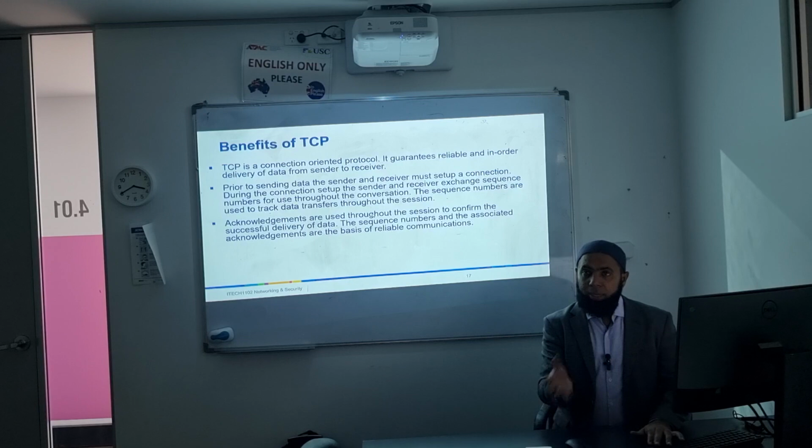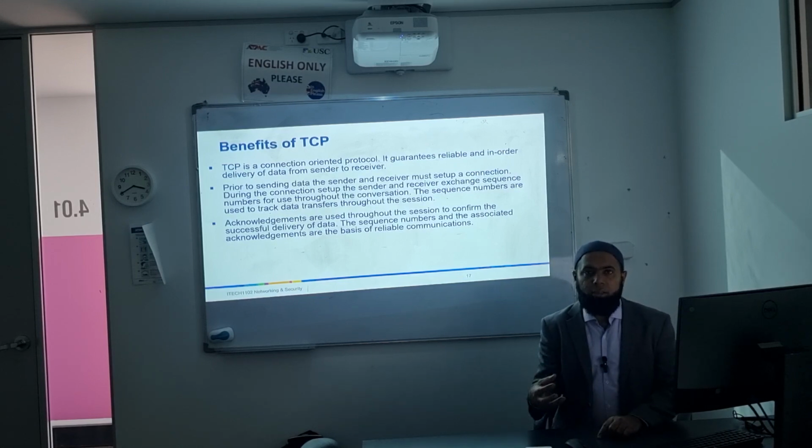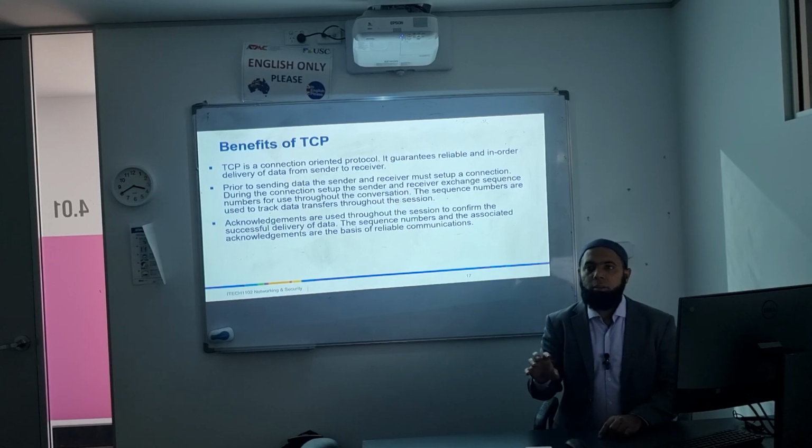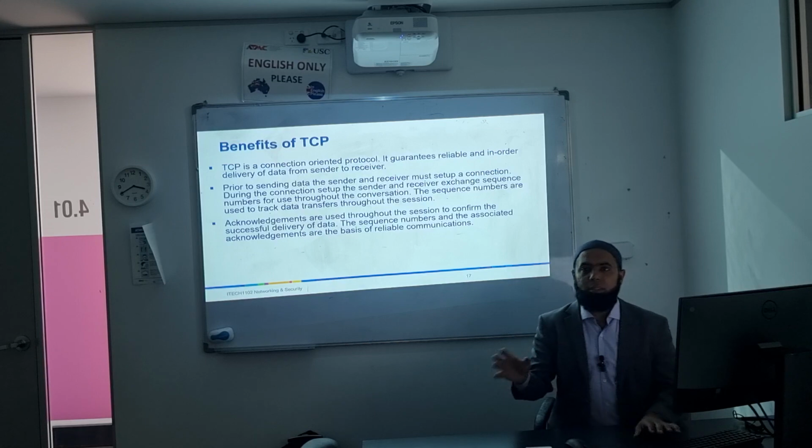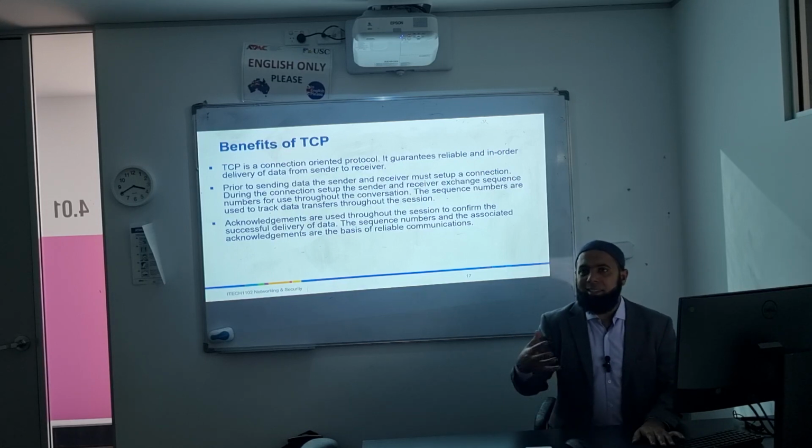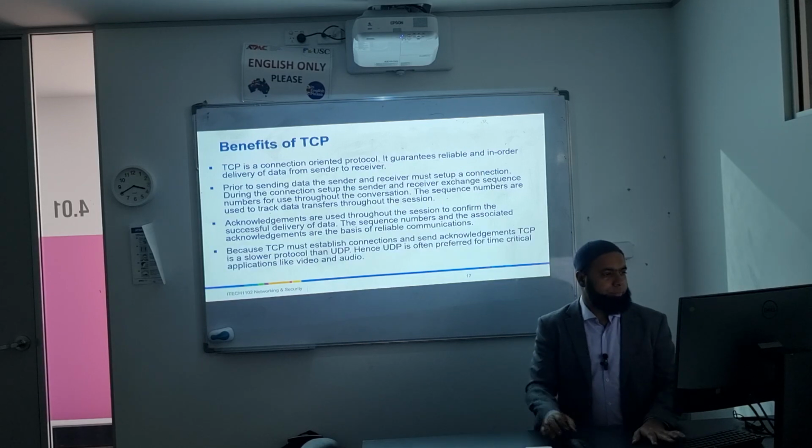So that's the main difference between UDP and TCP. TCP is more reliable and needs a three-way handshake, whereas UDP is unreliable, but it's a bit faster than TCP because it needs fewer protocols to move on.